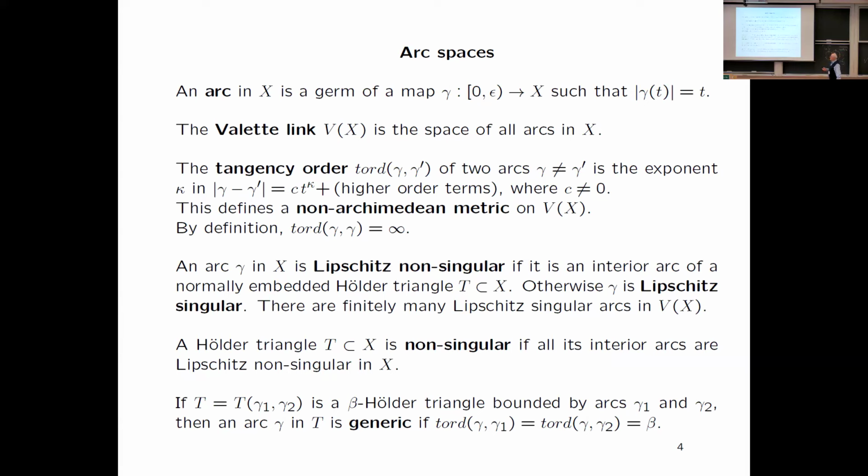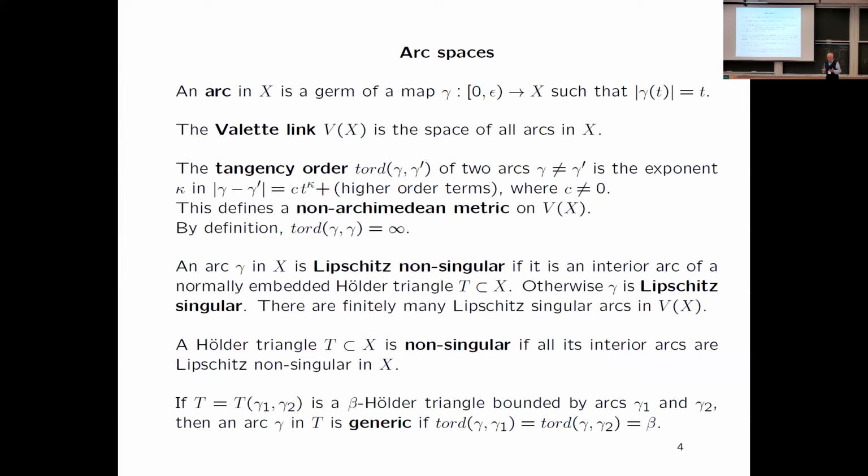And the result is a non-Archimedean metric. You can take 1 over the tangency order, or e to the negative tangency order. Well, there are many ways to define it, but the key point is that it's an infinite-dimensional space with a non-Archimedean metric, and that's where we are working.